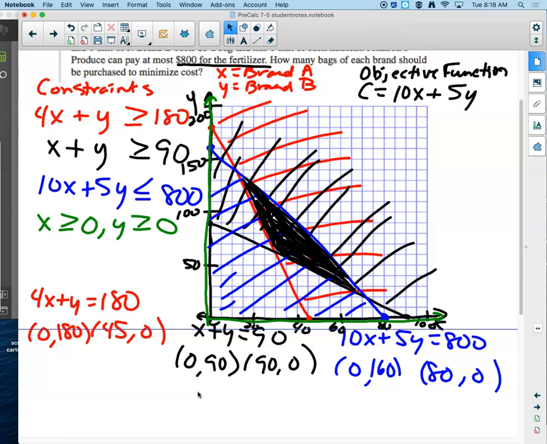Now I need the vertices. I don't draw straight lines freehand. I know that. And in fact, if you're doing this in business, you're not going to go by what you've drawn anyway. You're going to go by the math.